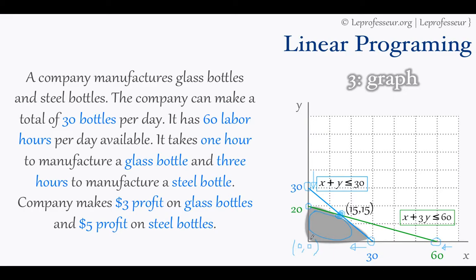Okay. So, this point we can omit. Then another point of intersection would be this point where y equals 20 and x is 0. Another point of interest would be when x and y are 15, 15, where both lines intersect, and the third point would be where x is 30 and y is 0.